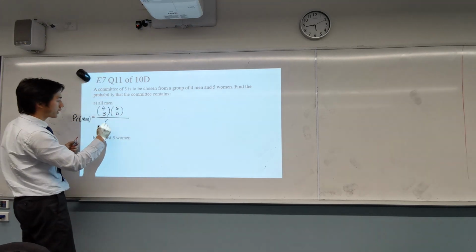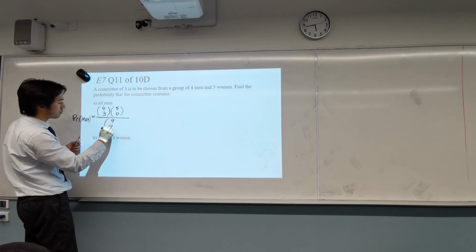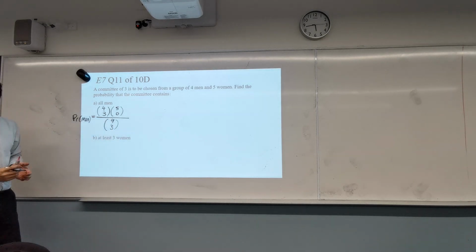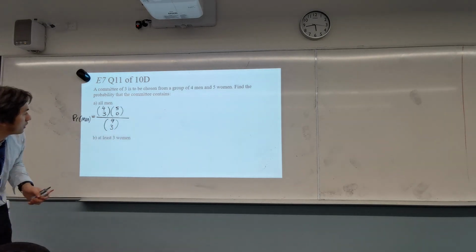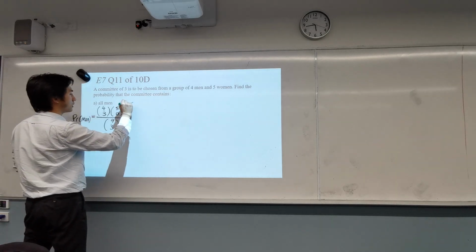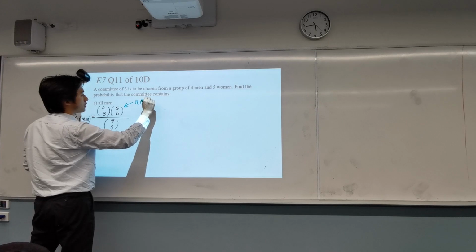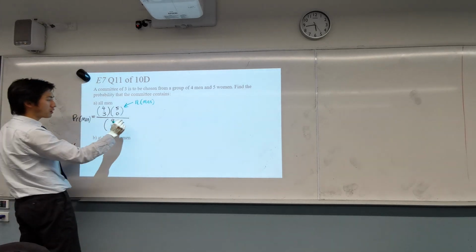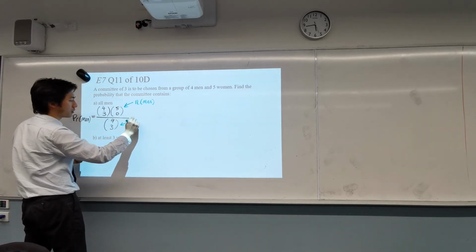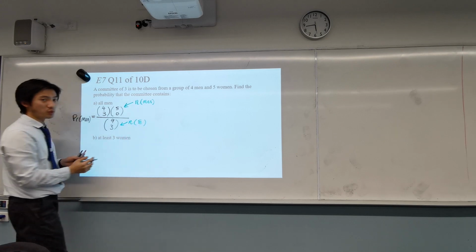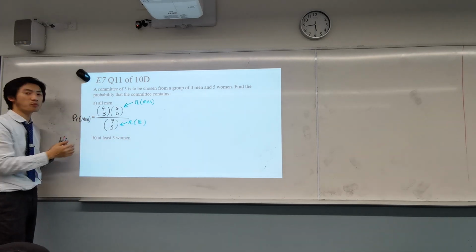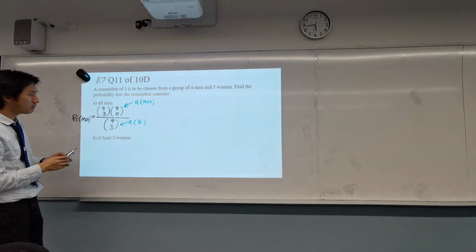So choosing 3 from 9 people. I'll make it clear. The top comes from the number of elements in men, and the bottom comes from the number of elements in your sample space. This is exactly our probability formula.